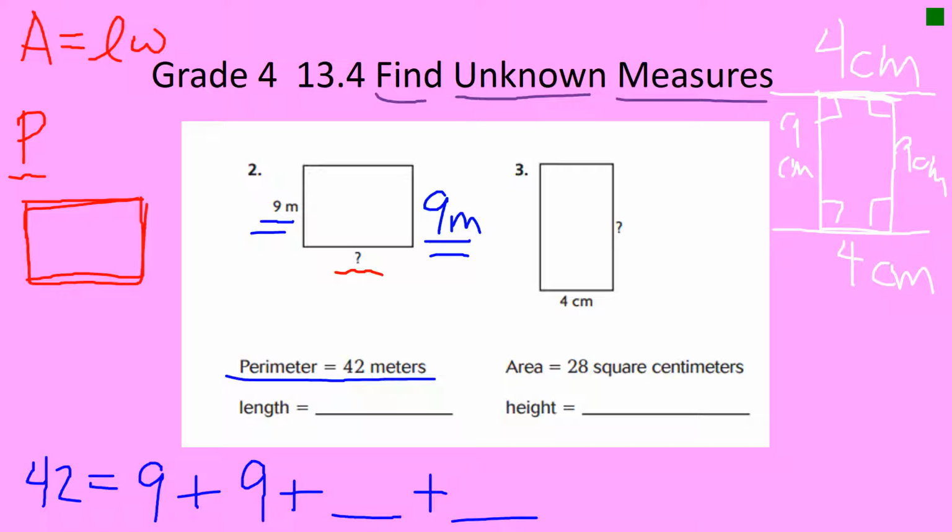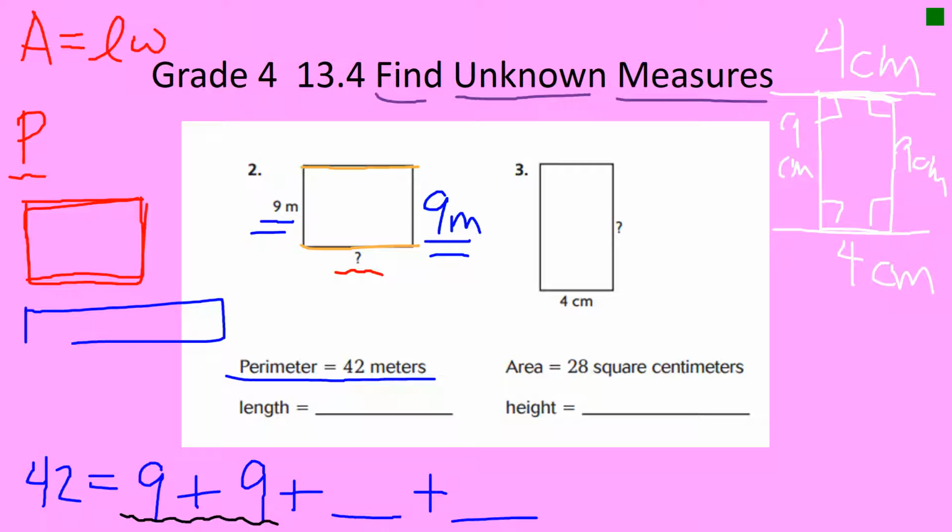How about, what do you think, boys and girls? If we take the 9 and the 9, that's 9 plus 9, of course, you know, is 18, right? So if we take the 18 away from the 42, what we'll have left is the distance of these 2 sides. Now this is a really good instance to use a bar diagram.